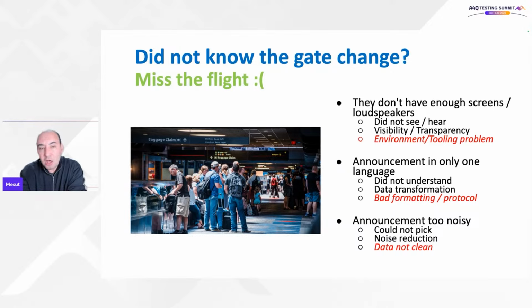Because somehow we have some data, but it is raw data, and we are not using the correct decoder to turn this into valuable information. This means maybe we have formatting issues, or we are not using the correct protocol or the correct communication channels to build this communication with the bugs.